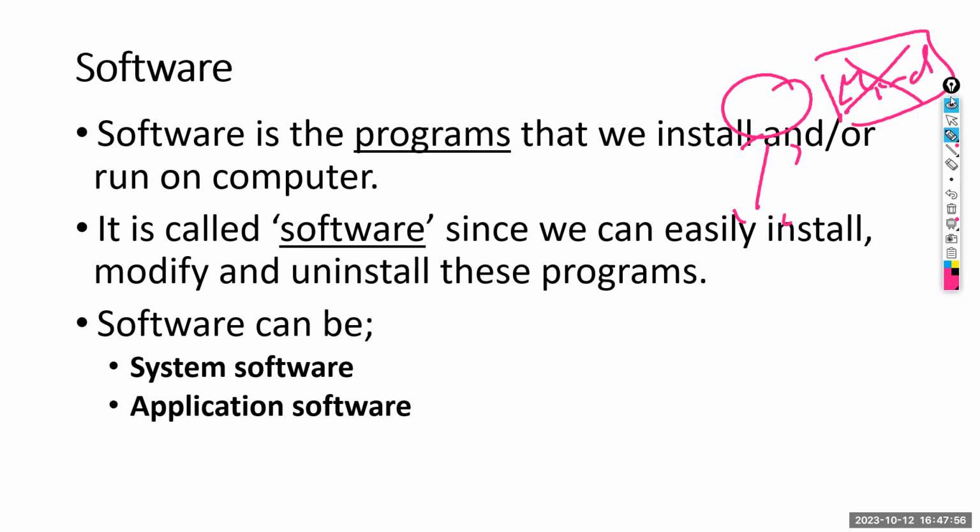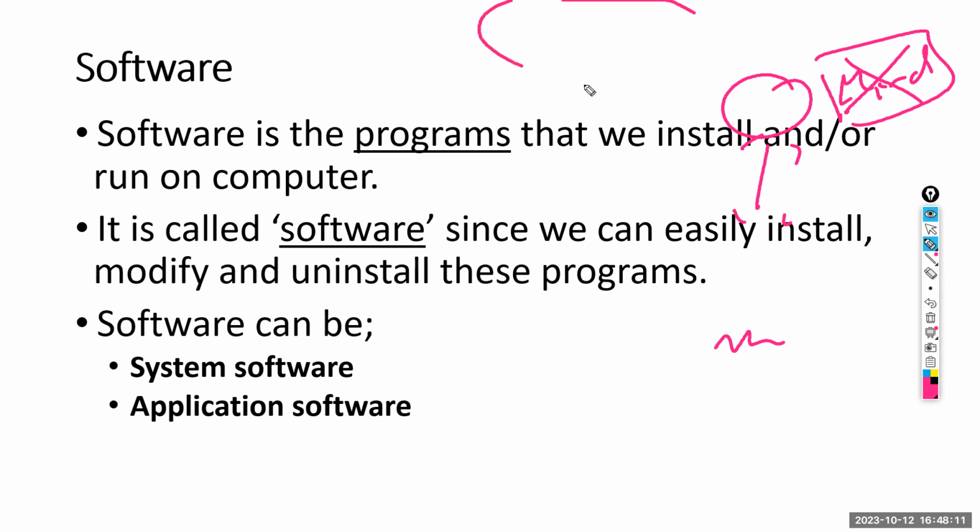Now, for example, this is software I'm using to write something, right? This software is installed in my computer, and I'm using it. At any time, I can uninstall it. I can upgrade it to a new version. Another software I'm using right now is Zoom. Another is PowerPoint.